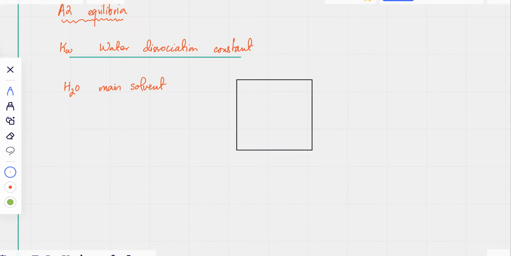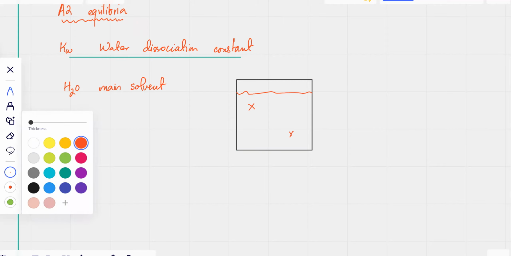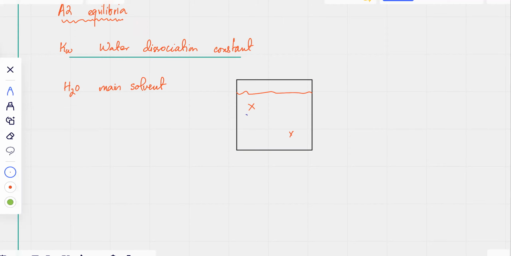Whenever you have two substances X and Y reacting together, the X and the Y would be floating around in water molecules. They will be surrounded by water molecules, and the particles would be reacting inside this solution. So that's why water is important.